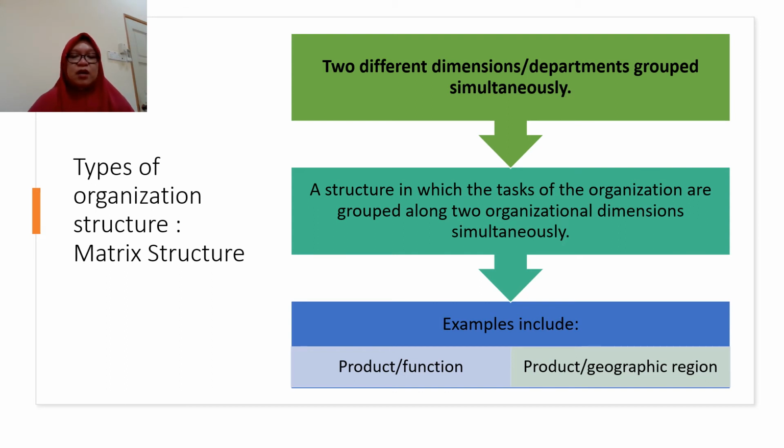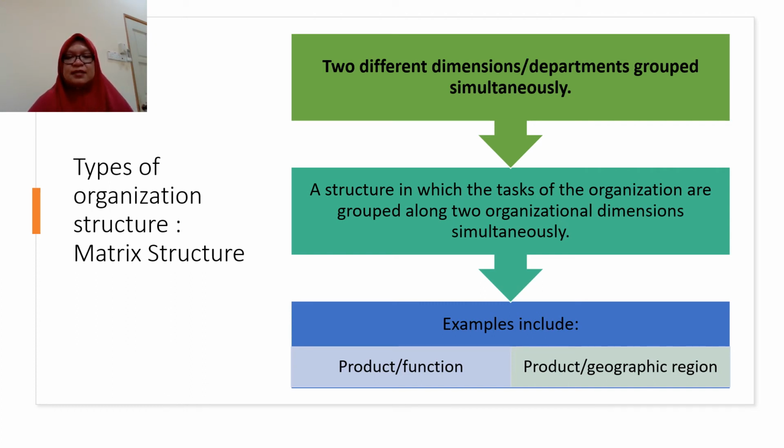For example, we combine product structure and functional structure. Instead of choosing only one structure to apply, under matrix structure they can use two structures at the same time, whether product structure with functional structure or product with geographic structure.